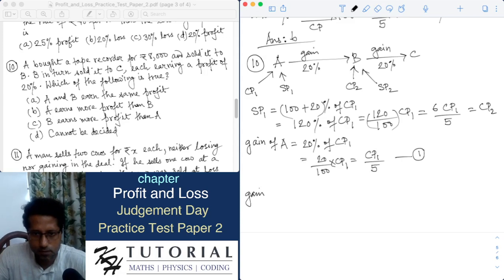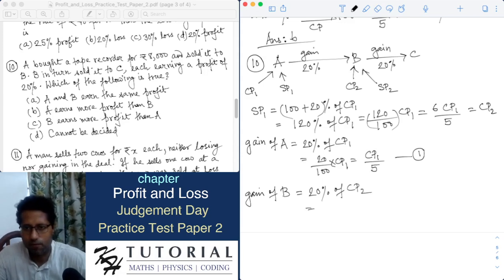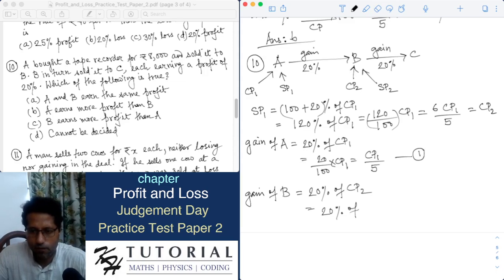Gain of B is 20% of CP2. CP2 is the cost price of B, that is the price at which B purchased the tape recorder from A. Now CP2 we have found to be 6 CP1 by 5. So this is 20% of 6 CP1 by 5, which is 20 by 100 multiplied by 6 CP1 by 5.